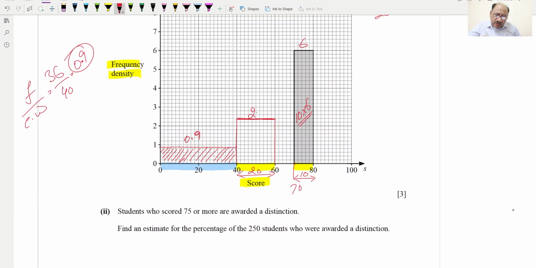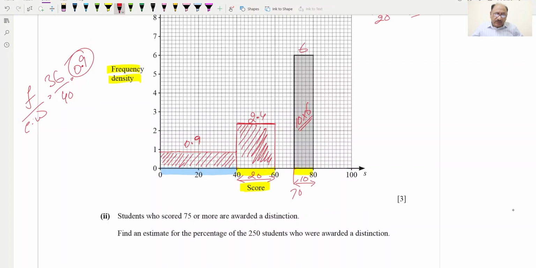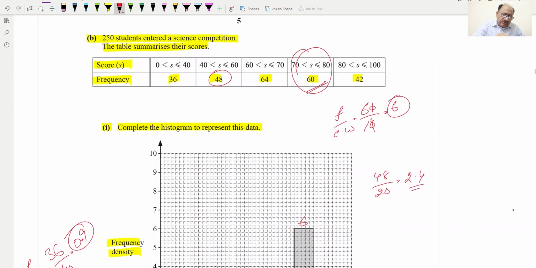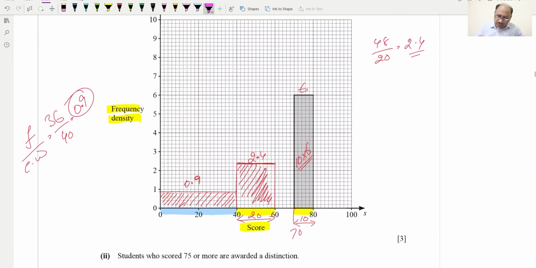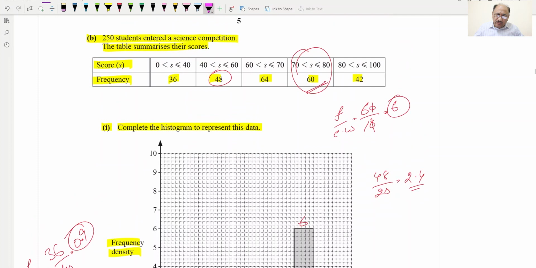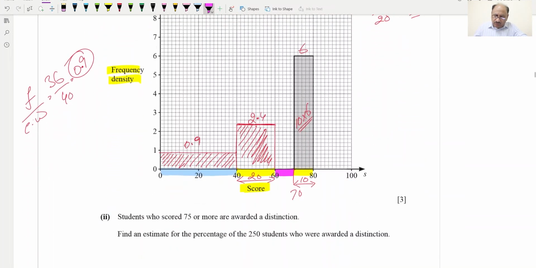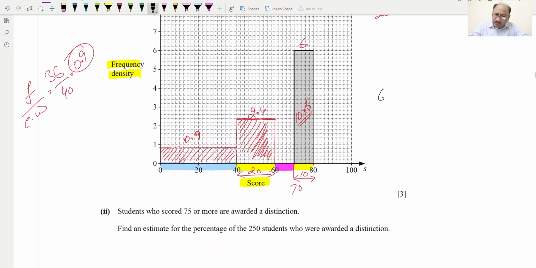And we can write the height 2.4, and this will be the bar for this one. Next is 60 to 70, which is 64. The width is 10, so 64 divided by 10 will be equal to 6.4.